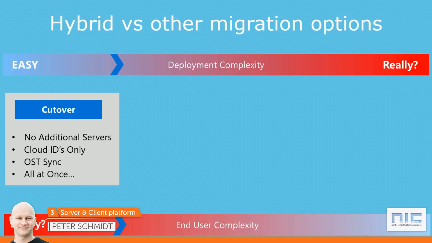The first option would be what Microsoft is calling cutover migration. This option is available in Office 365, in Exchange Online, where in the migration module we have the option to do a cutover migration.